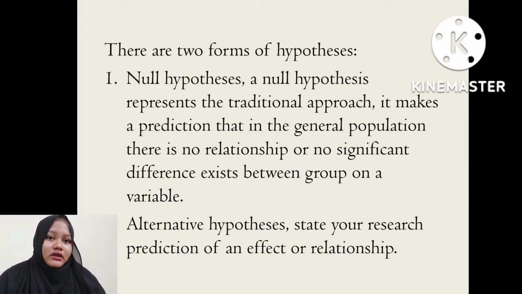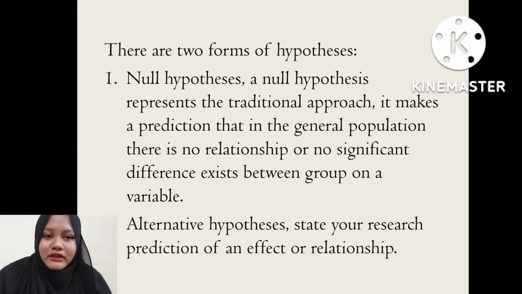Next, there are two forms of hypothesis. First is null hypothesis, and the second one is alternative. A null hypothesis represents the traditional approach, and it makes the prediction that in the general population there is no relationship or there is no significant difference between the groups of the variable.